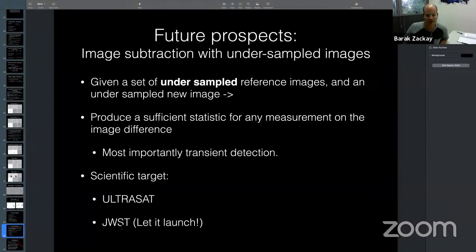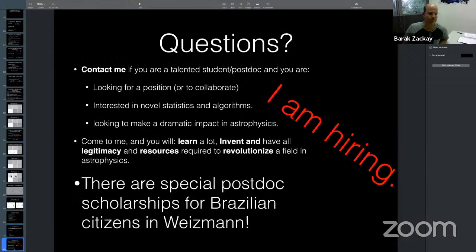JWST would also enjoy this solution, so this is very important. And this is my talk. Please ask any questions you have. I'm here for as long as you want. And if you are a student and you are very talented and you are looking to apply novel statistics and algorithms, talk to me. Thank you.